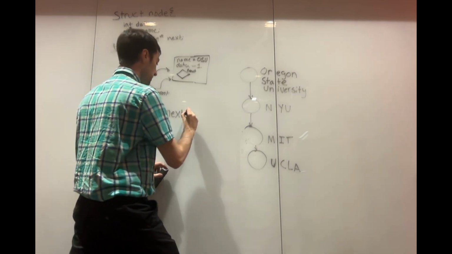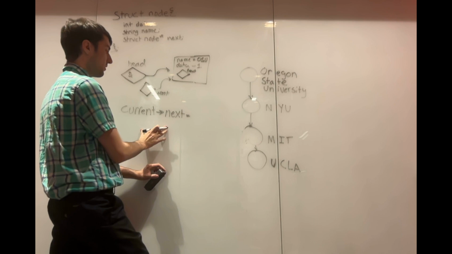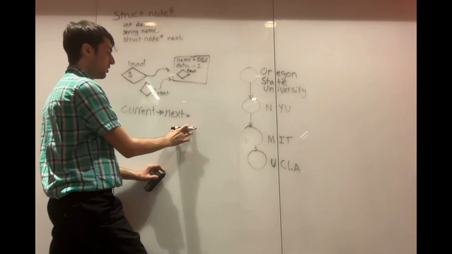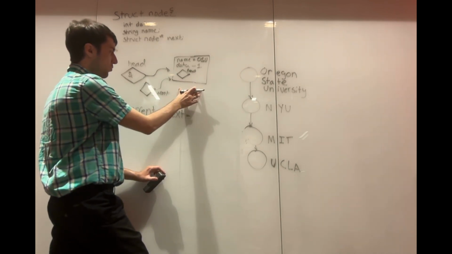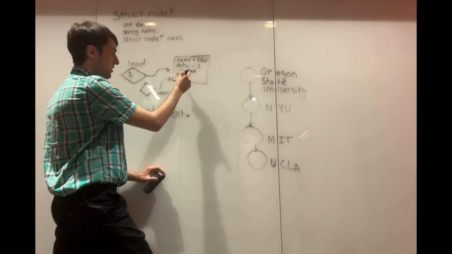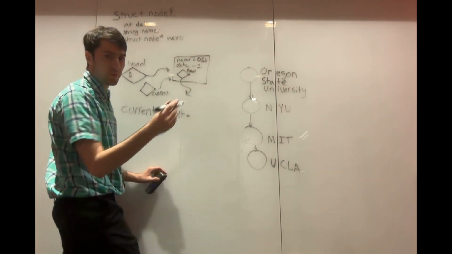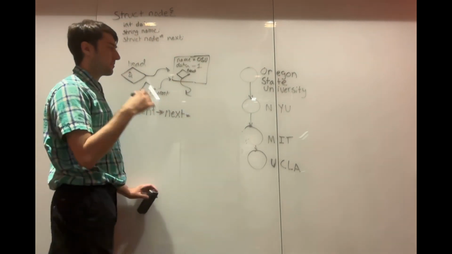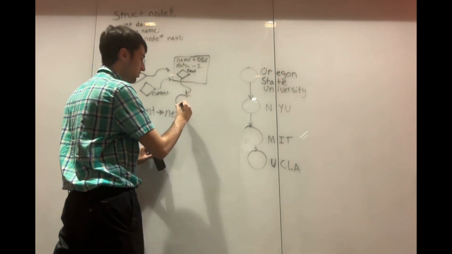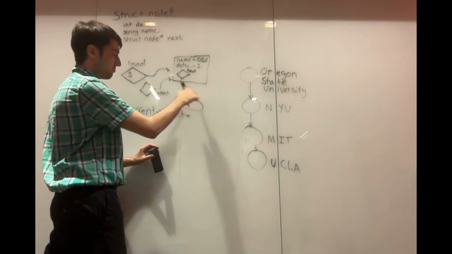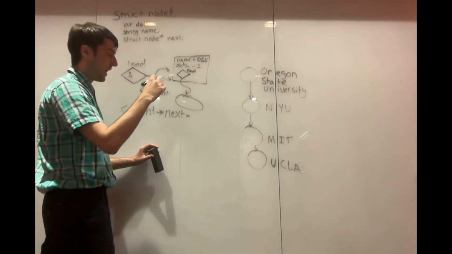next equals, and now if you notice, what do we want it to point to? Because right now next is pointing to nothing. Well, we need to use that exact same methodology: we need to allocate some memory.